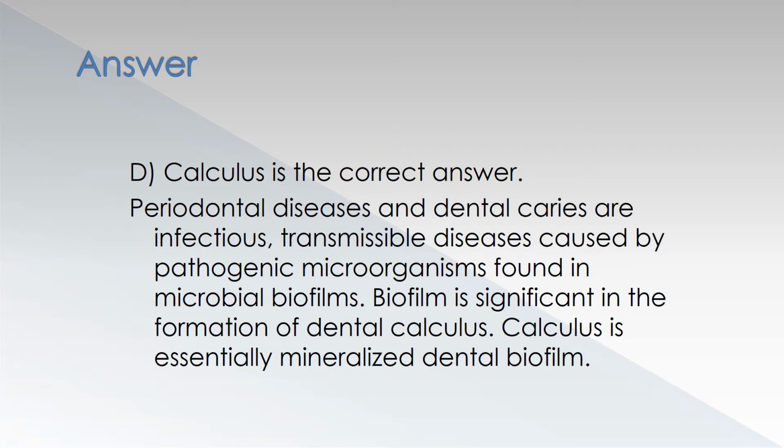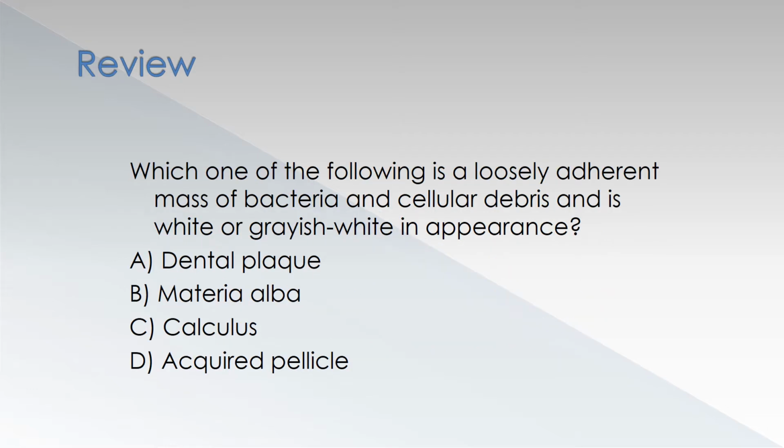Periodontal disease and dental caries are infectious and transmissible diseases caused by pathogenic microorganisms found in microbial biofilms. Biofilm is significant in the formation of dental calculus. Calculus is essentially mineralized dental biofilm.